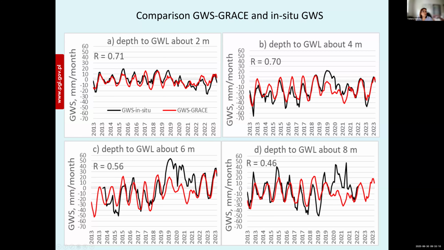Additionally, groundwater storage GRACE exhibits smoother variability, lower amplitudes compared to the observed value in monitoring wells. This indicates that the proposed method for estimating groundwater storage is not well suited for simulating groundwater storage in areas where the water table is deep.